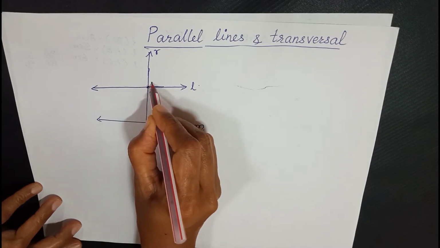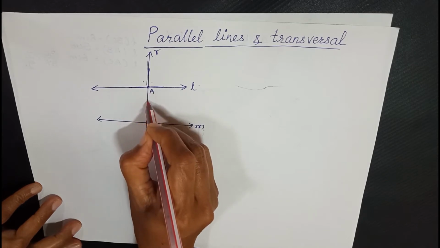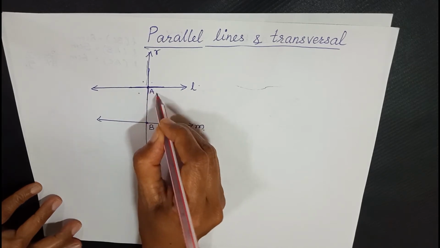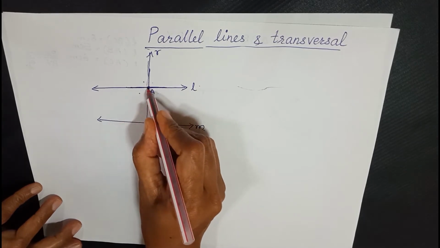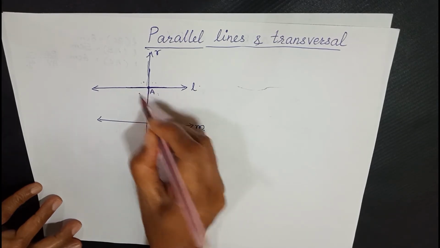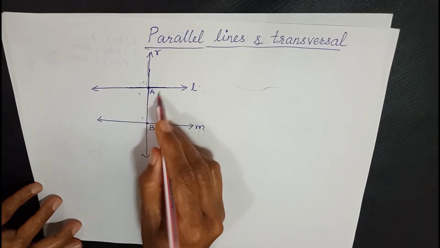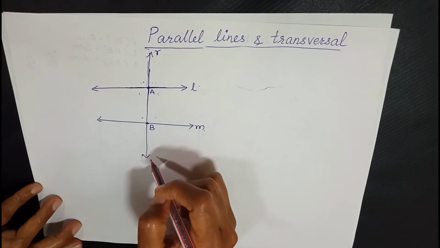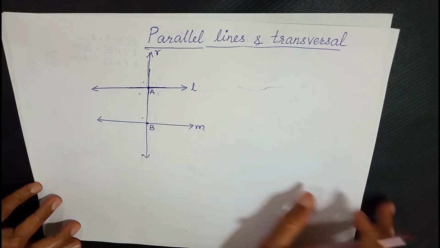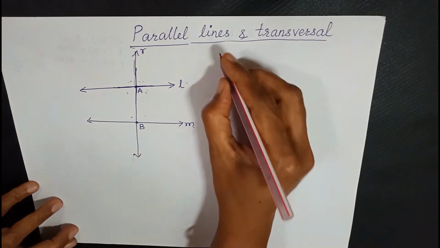So we have one angle, one more angle here, then the third angle and the fourth angle. At point A we have four angles, and at point B again we have four angles. So a total of 8 angles are formed because of this transversal. Today we will see the different pairs. What are the names of these angles?